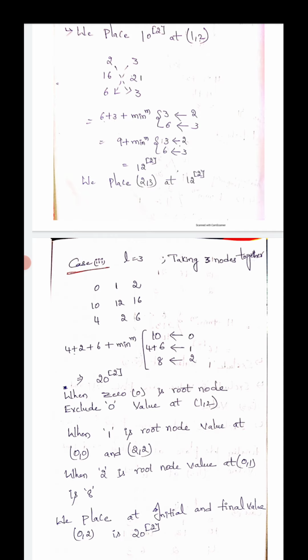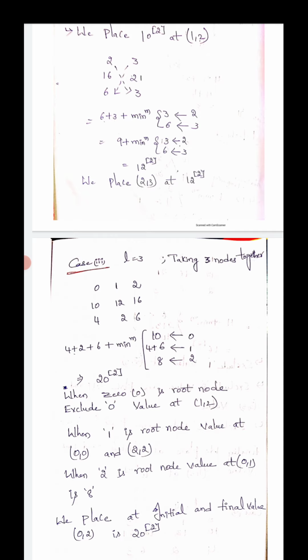First of all, if we take from root node 0, the root node 0 is at 10. Coming to 1, the first node, 4 plus 6, how much? How can you get this? If 0 is the root node, exclude 0.